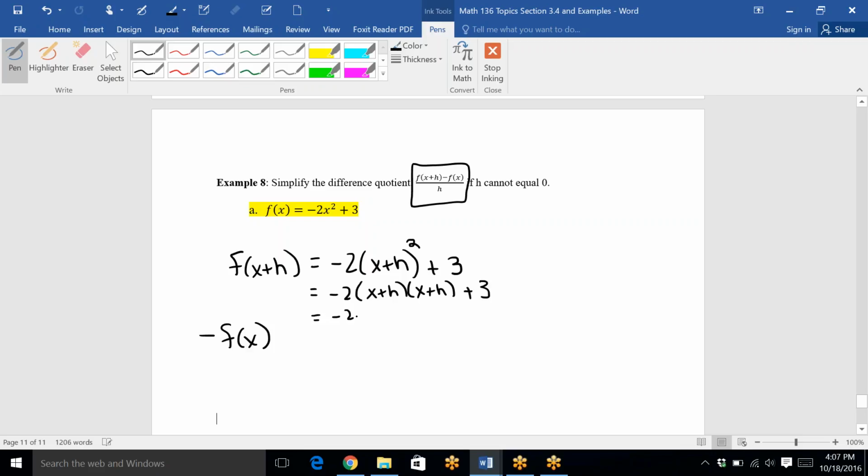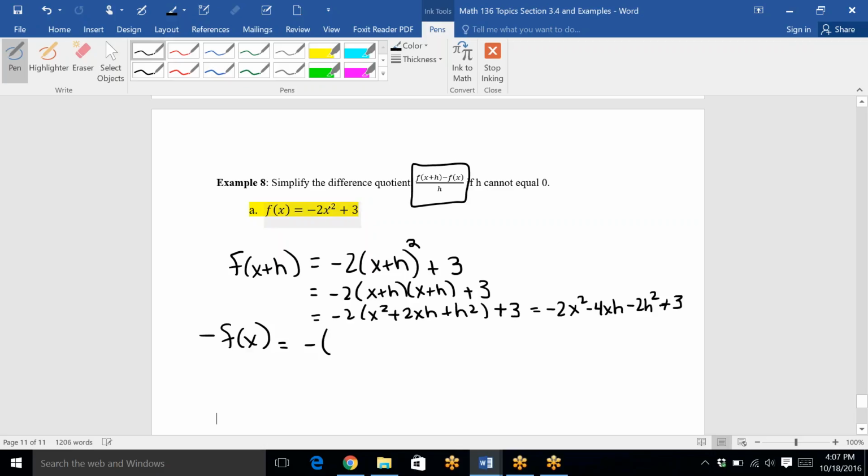So that would be negative 2 times x squared plus xh, another xh would be 2 xh's, plus h squared, plus 3, and we would then distribute that negative 2. So it's negative 2x squared minus 4xh minus 2h squared plus 3. That's going to be f of x plus h.